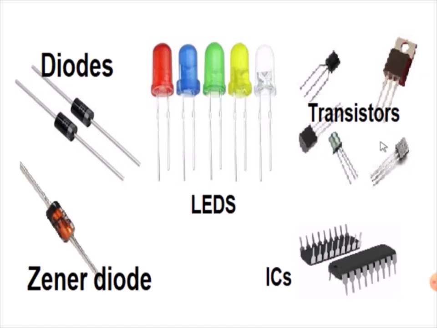This leads to the development of what we know as ICs, integrated circuits, whereby a large network of circuits consisting of such components can be packed into a small space or small chip. We call it an integrated circuit, which is the heart of all modern electronic gadgets.